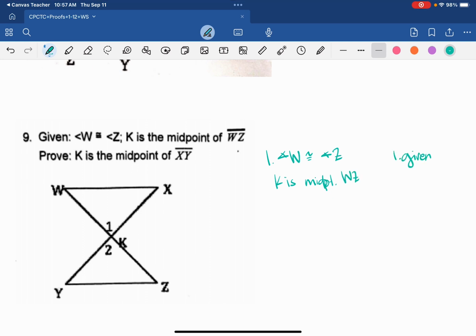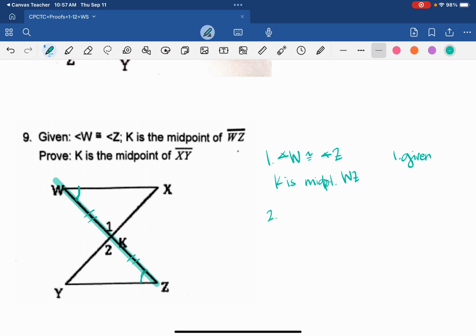So let's see how that helps us in our image by getting things marked. So I know that angle W is congruent to angle Z, and K is the midpoint of WZ. So WZ is this line right here in blue, and if K is the midpoint, then I know that WK and KZ are congruent to each other.